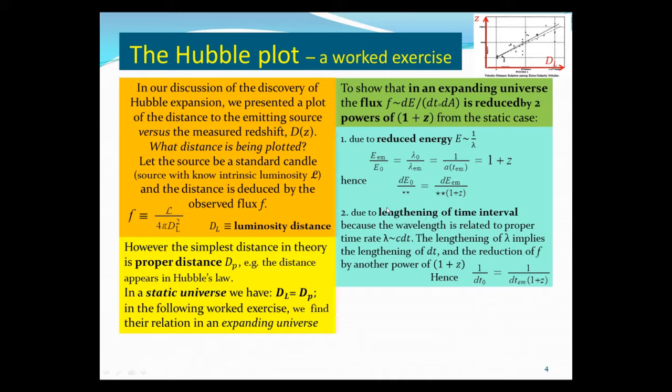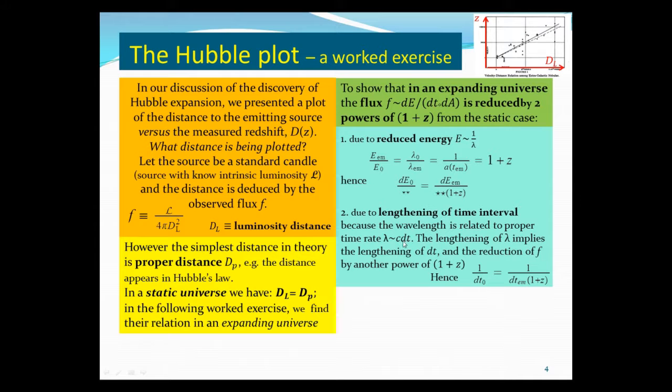Another factor is the lengthening of time. Remember, the flux is energy per unit time per unit area. Now, the time is actually lengthening in the expanding universe because the wavelength is related to time. Remember, the wavelength is equal to c dt.